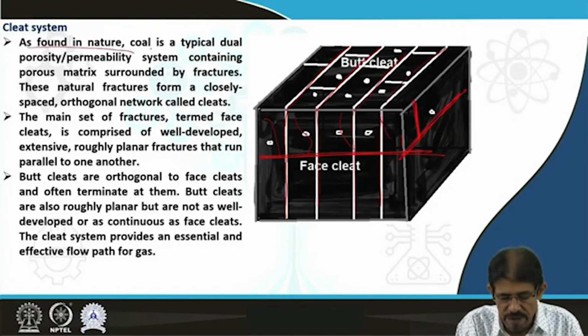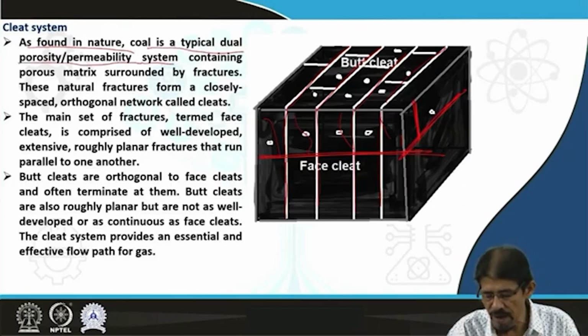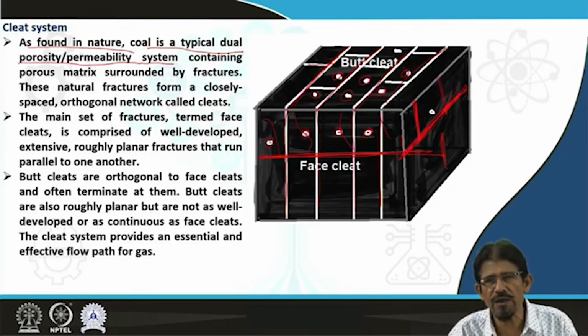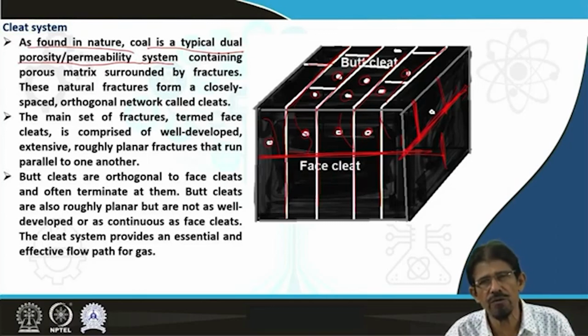As found in nature, coal is a typical dual porosity permeability system because it contains cleats, beddings, joints, fractures and pores. Therefore, coal comprises coaly material as well as discontinuities like bedding, joint, crack, cleat and pores.